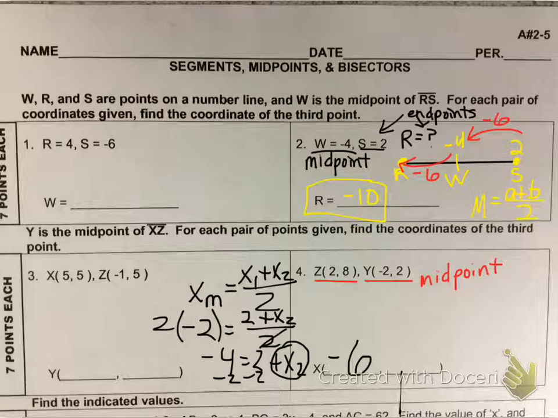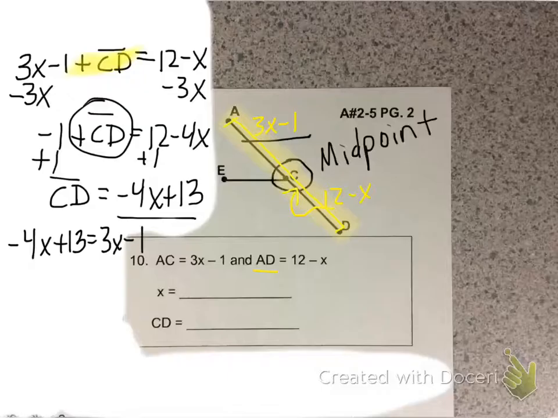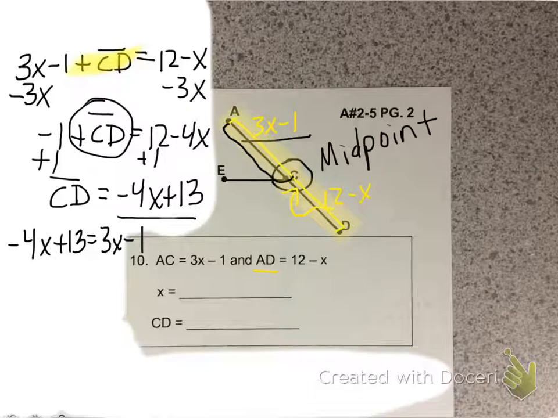Now, keep in mind that we also talked about a much faster way to do this. Remember, we know we have an endpoint. So again, in finding this, I know that I have 1 point, the a to c. Here was AC given to me. It was 3x minus 1.